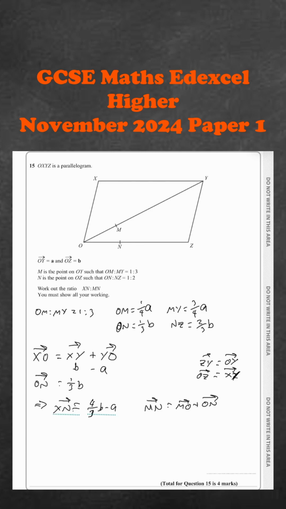MO is going to be the opposite of OM, so minus 1/4 A. ON we already know is 1/3 B. Therefore, XN to MN, which is what we're actually trying to find, we are comparing 4/3 B minus A and minus 1/4 A plus 1/3 B. And if we look closely at this, 4/3 B minus A is actually 4 times 1/3 B minus 1/4 A. So the ratio here is just 4 to 1.